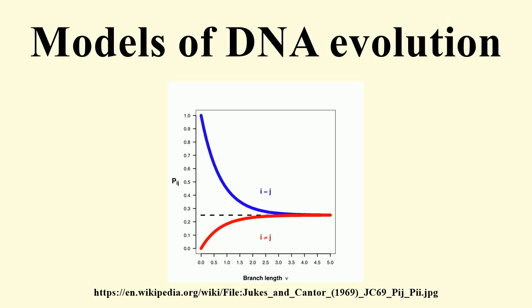F81 model. Felsenstein's 1981 model is an extension of the JC69 model in which base frequencies are allowed to vary from 0.25. The HKY85 model can be thought of as combining the extensions made in the Kimura 80 and Felsenstein 81 models. Namely, it distinguishes between the rate of transitions and transversions, and it allows unequal base frequencies.